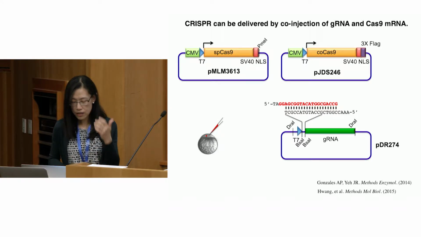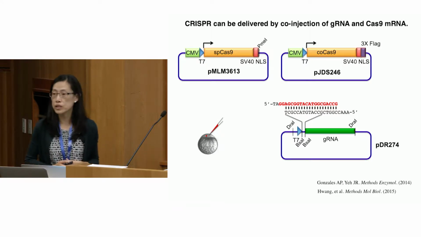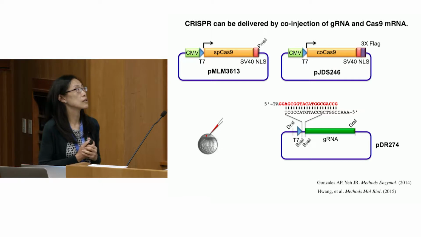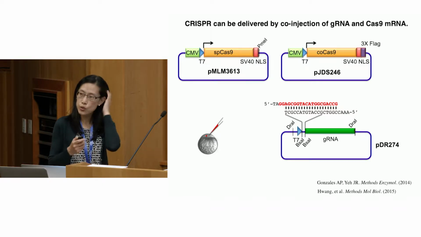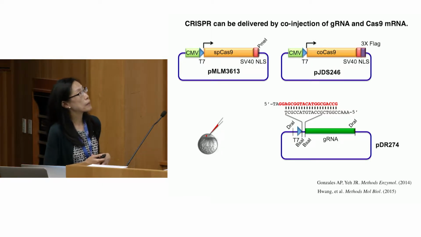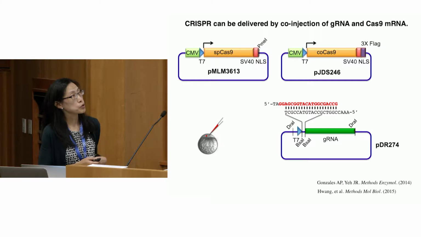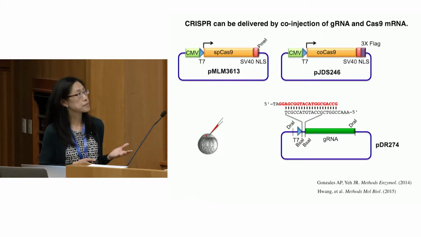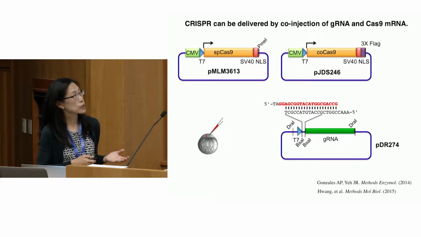In those early studies, we showed that CRISPR can be introduced into zebrafish embryos by co-injection of in vitro transcribed guide RNAs and in vitro transcribed Cas9 mRNA into one-cell stage zebrafish embryos. In the early studies, we used the bacterial SpCas9 sequences.